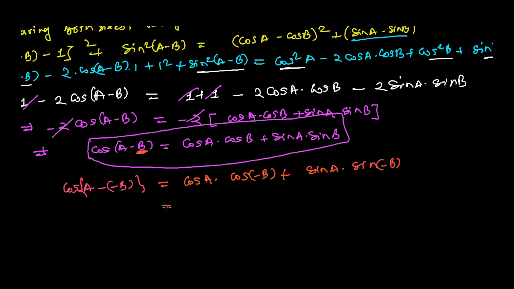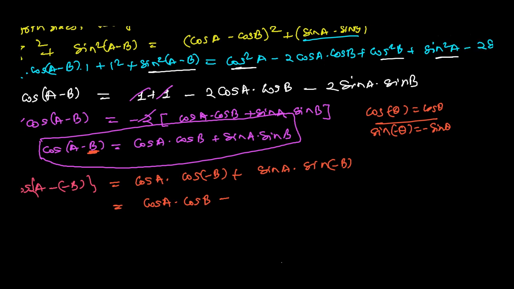Now let me tell you, cos of a negative angle is actually cos of the positive angle. Cos minus theta is cos theta, so cos minus b is simply cos b. And sine of a negative angle is minus sine of that angle, so sine of minus b is minus sine b.